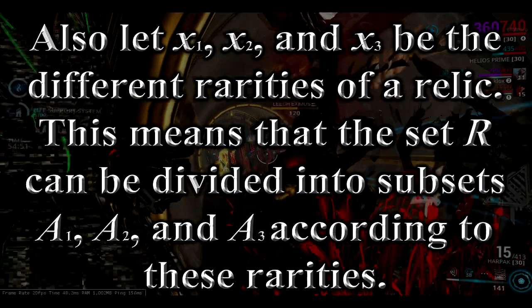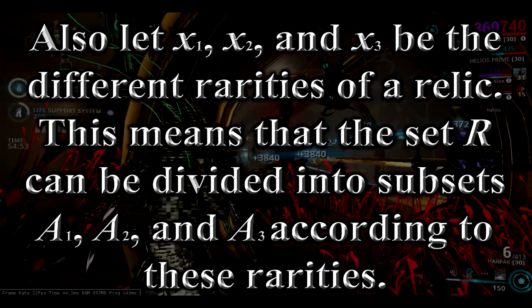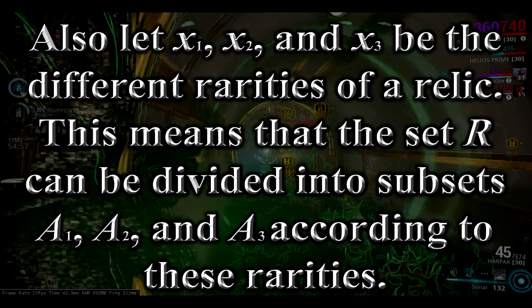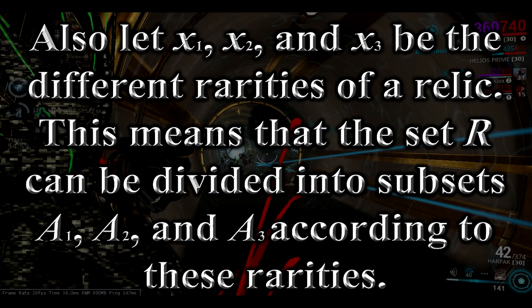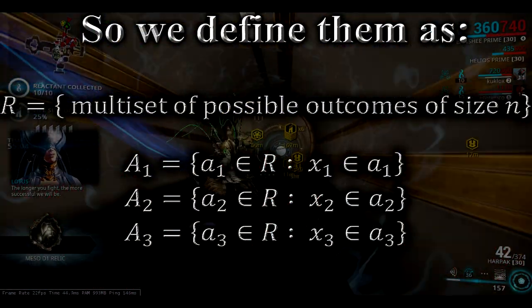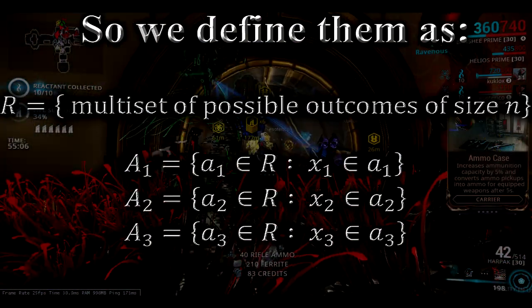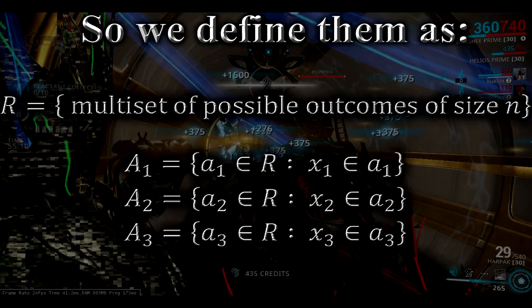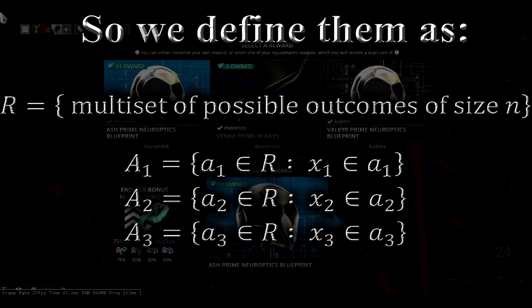This means that the set R can be divided into subsets. Let's call these A1, A2 and A3, according to these defined rarities that we have in the game. So, we can define R as being the multiset, which is a technical term we don't really have to worry about, of all possible outcomes of size n, meaning all the possible outcomes you can have for n players.